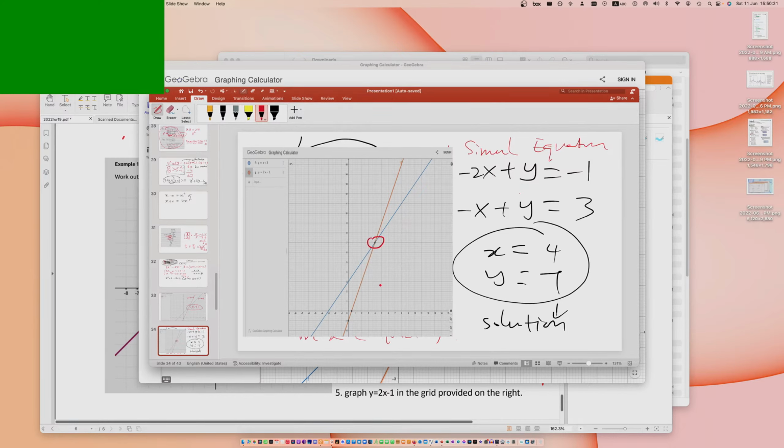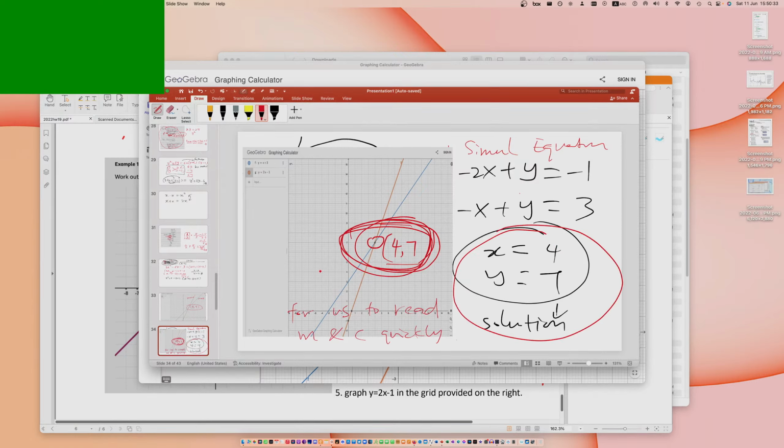Can you see that this point is also 4, 7? So this intersection point is 4, 7, and the solution is 4 and 7. So what does that mean then? What's the linkage here? This is the intersection point, right?